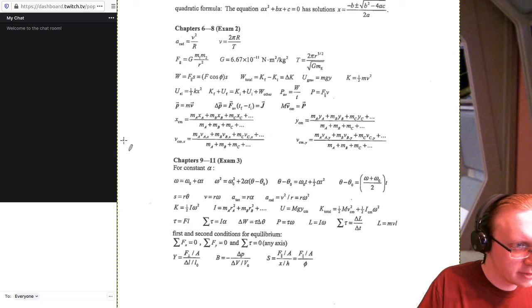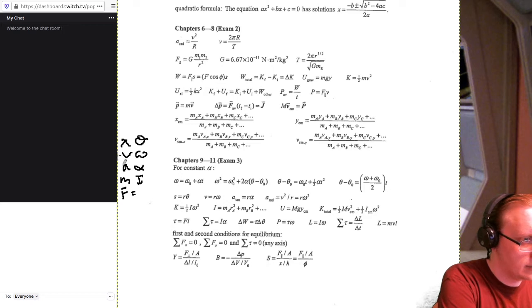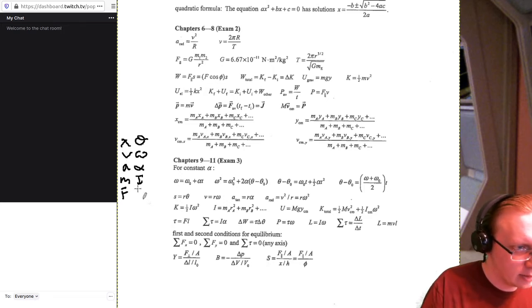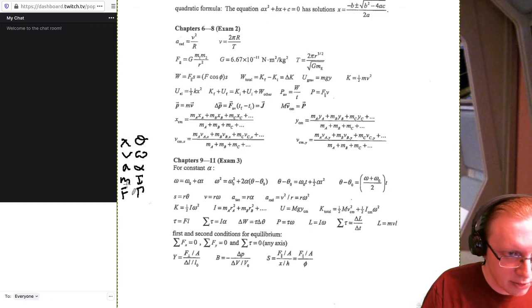So for every x there's a theta, for every v there's an omega, for every a there's an alpha, for every m there's an I, for every force there is a torque. For every mass there's a moment of inertia, for every force there's a torque. I think that's about it.